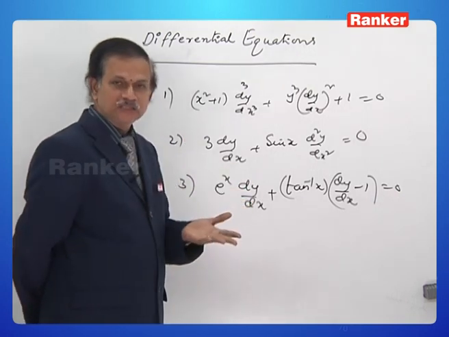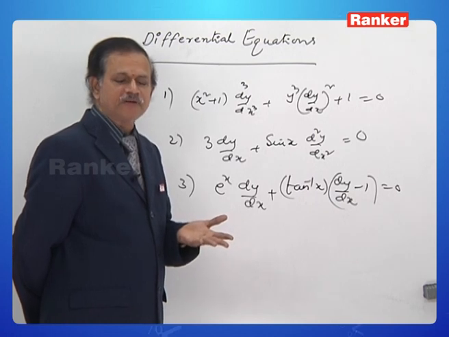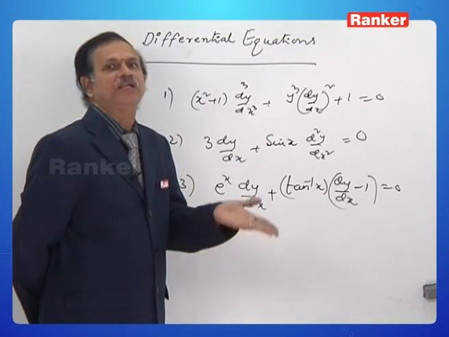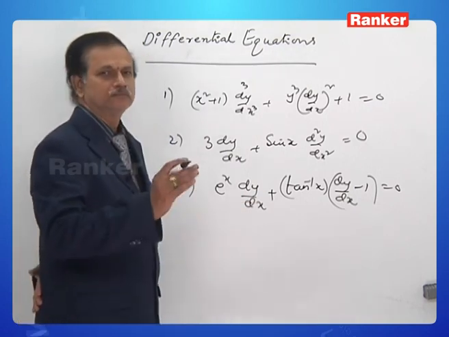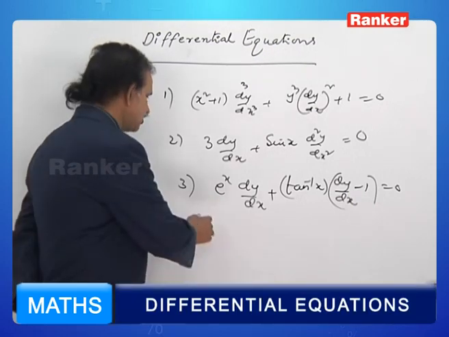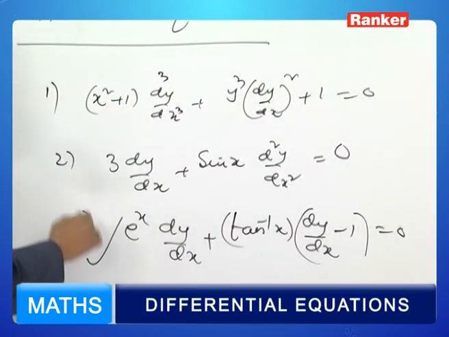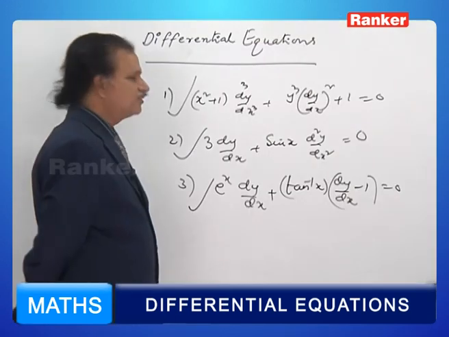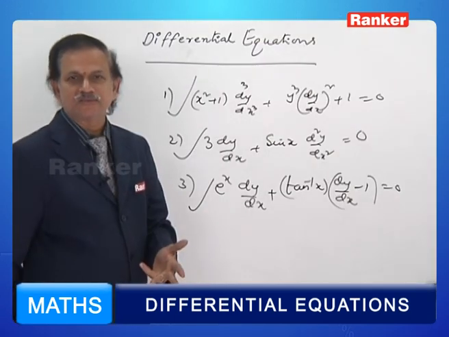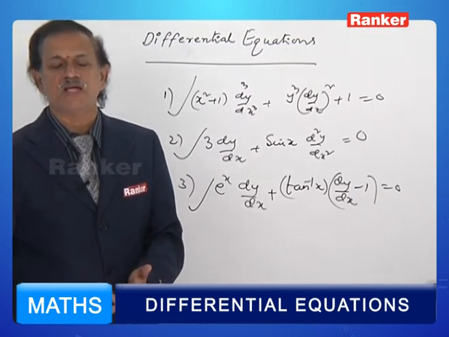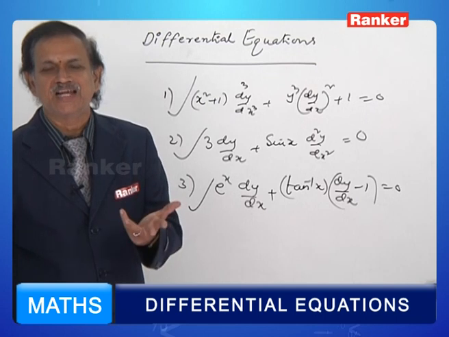Depending on the different order of the differential coefficient present in the differential equation, we define the order of the equation. This is of first order, this is of second order, this is of third order. This is of third order because the third order derivative, that is d cube y by dx cube, is present there.